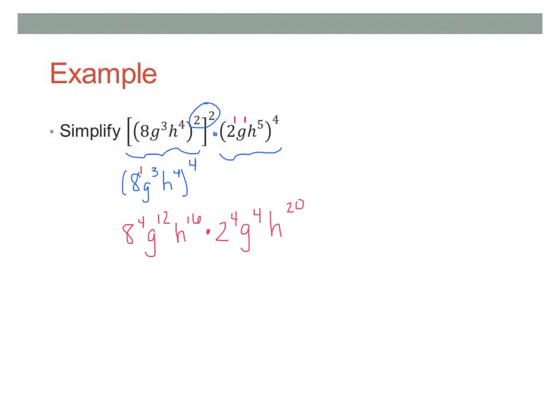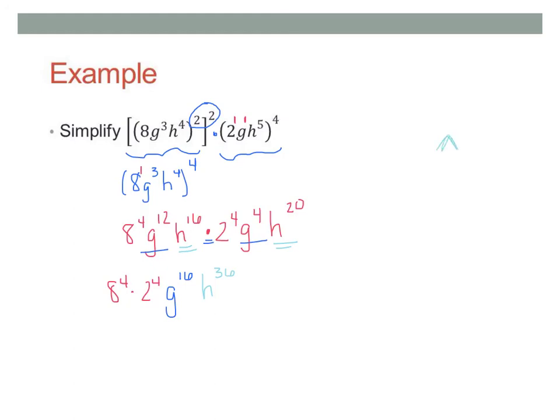Okay, so from here, I'm going to, at the moment, just write my numbers out front. I'm going to figure those out here in a minute. Let's combine our g's. We are multiplying, and so what do you do with those exponents? We add them, so g to the 16th, and we're going to have h to the 36th, because we're going to add those together. And then let's go ahead, grab your calculator. And you should have either an X to the Y button in your calculator or a caret button.